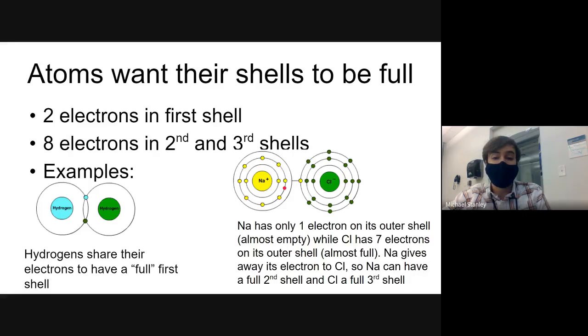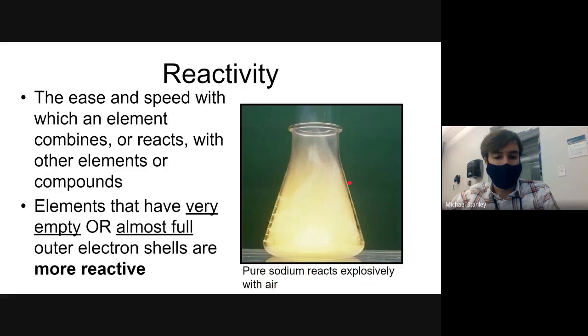It just has one electron on its third shell, which makes sodium very reactive. Chlorine is also very reactive because chlorine has an almost full shell. So they're both extremely reactive elements, but for opposite reasons. Elements that have a very empty or an almost full outer shell are the more reactive elements.